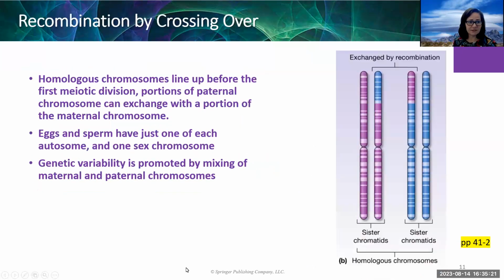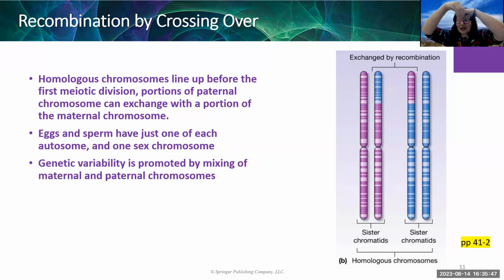All right. Finally, recombination. This is how two of the same chromosome, like the biggest chromosome, which we call chromosome 1, interact. When you get the chromosome 1 that came from mom and the chromosome 1 that came from dad, and they get together, they can do this trick where they swap pieces of each other.